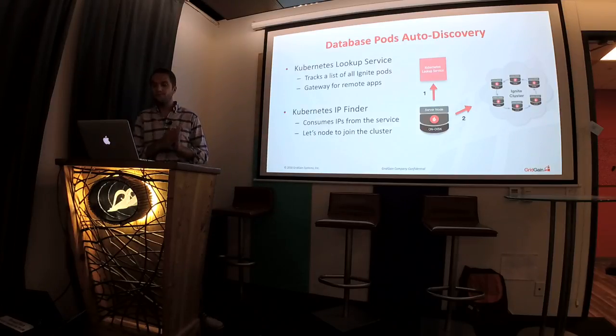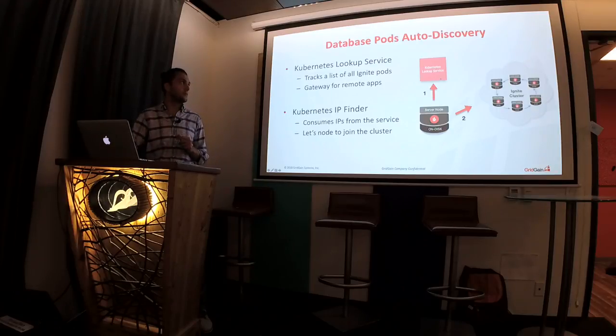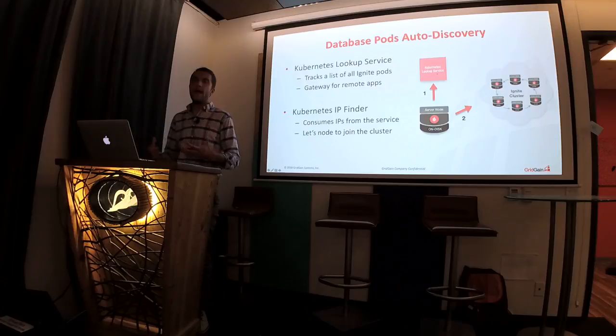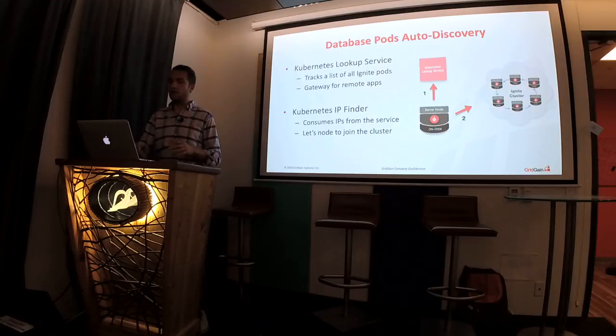As shown in this picture, we can deploy a standard Kubernetes service, and we can instruct it to look after all the pods started in this environment with some specific name, with some specific label. For instance, if you're going to deploy Ignite, then every Ignite pod will be labeled, let's say, as Ignite. And the service started in the same environment will be instructed to look after all the pods that have the name Ignite in their configuration.